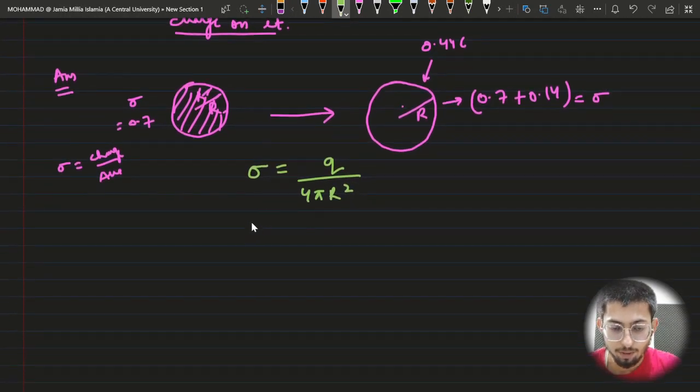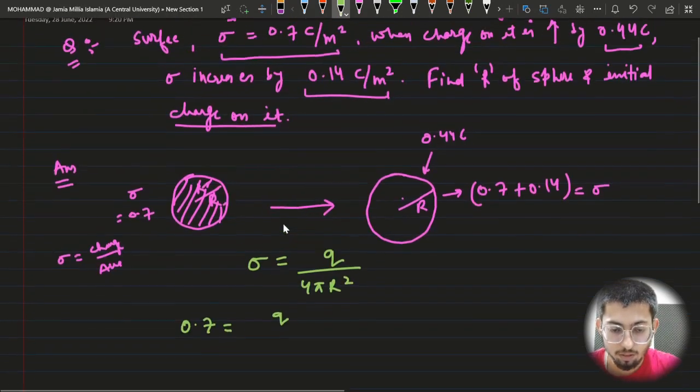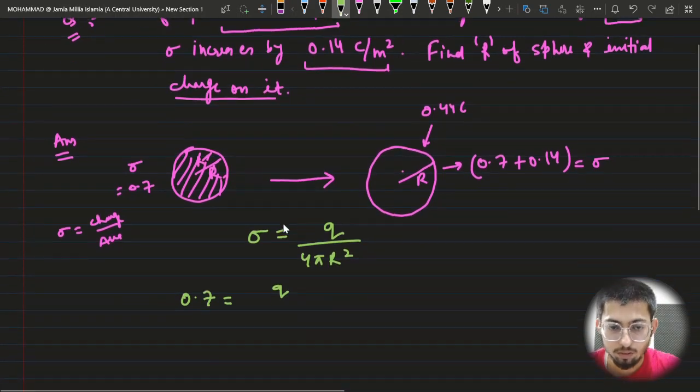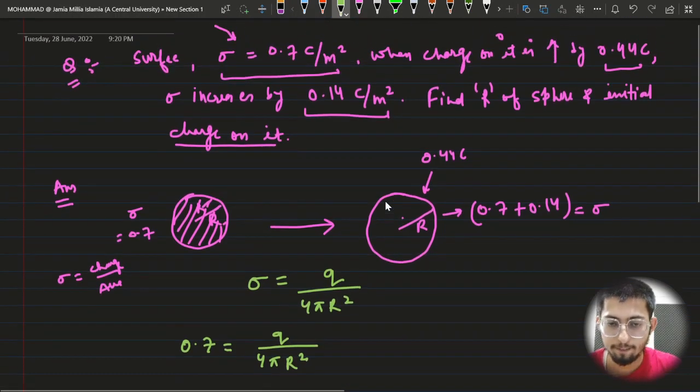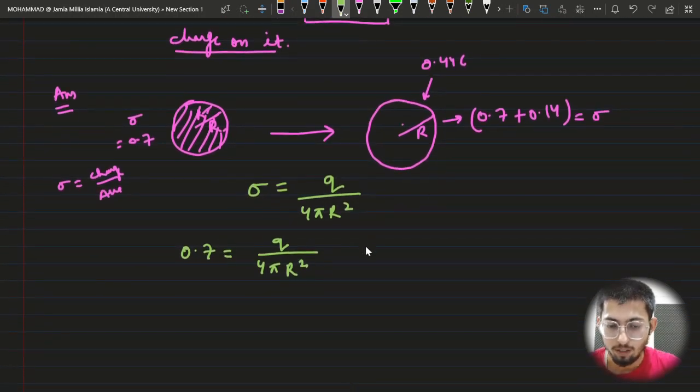In the first case, what do we have? Sigma is given to us, which is 0.7, is equal to q upon 4 pi r square. Q is not given, and r square is also not given. So this is the first case. In the second case, the density is 0.7 plus 0.14.